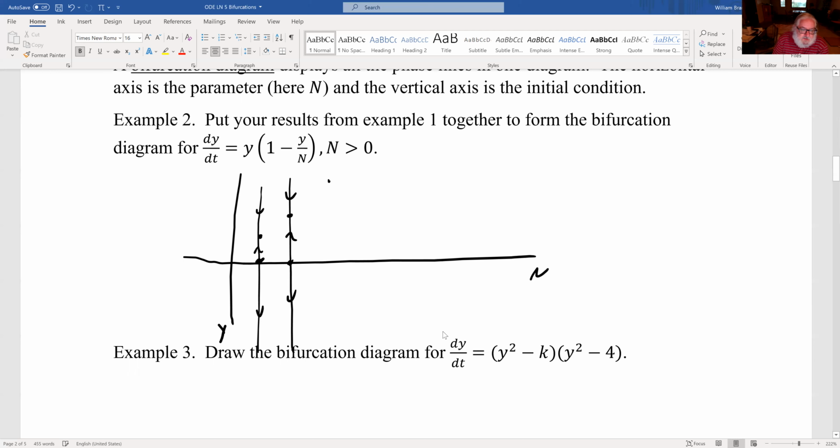N equals 3, the phase line looked like this, down, up, down. And so we're getting a line of equilibria here. And a line of equilibria here.